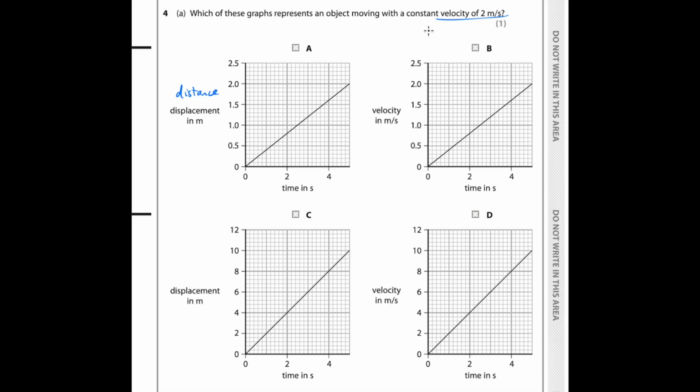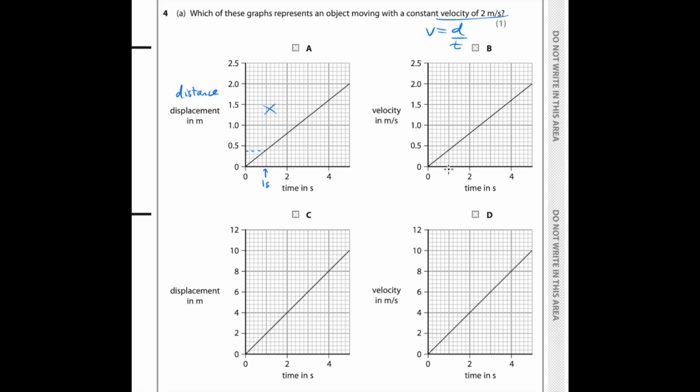And remember, velocity is distance over time. Now, if you're travelling at 2 meters per second, that means you do 2 meters of distance every second. So is this travelling 2 meters every second? So there's 1 second. Has it travelled 2 meters? No. So that's wrong.